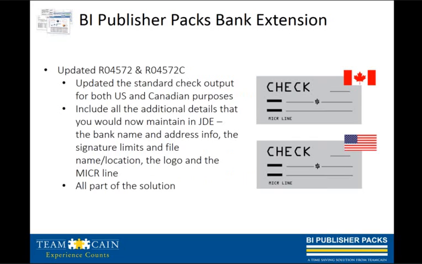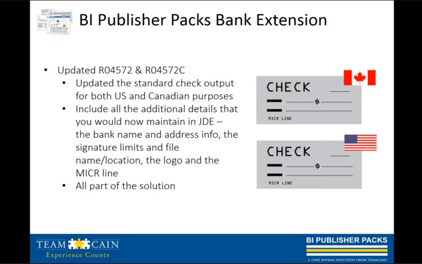Now, along with that, within JD Edwards, there's an R04572 and an R04572C. Most people are familiar with that. That's the actual check print program. What we have done is we have updated both of them to pull in the appropriate information from the bank file extension that we've created.